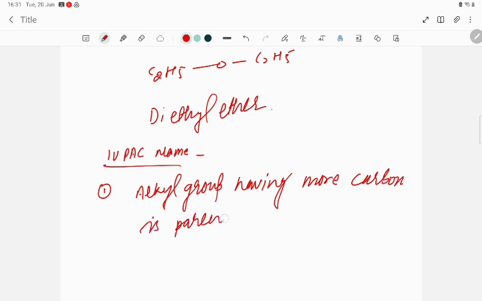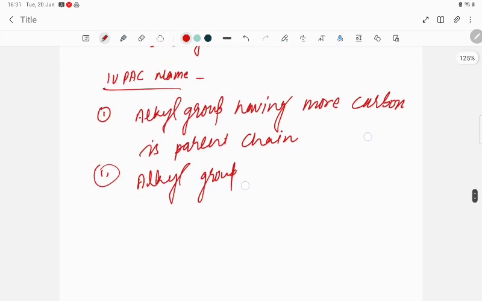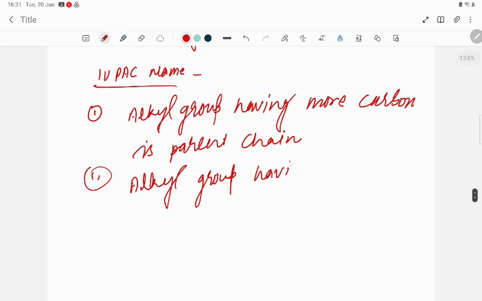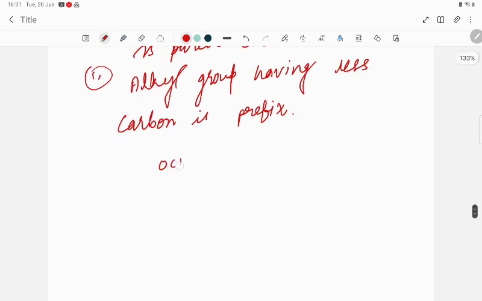The alkyl group having less carbon is the prefix. Suppose it is OCH3, this group is methoxy. OC2H5 is ethoxy. This is how you will write the name.